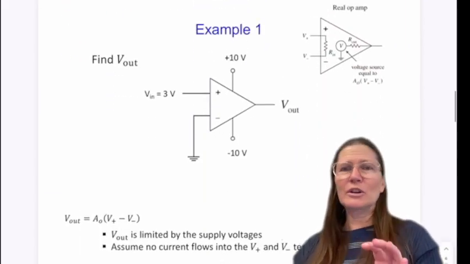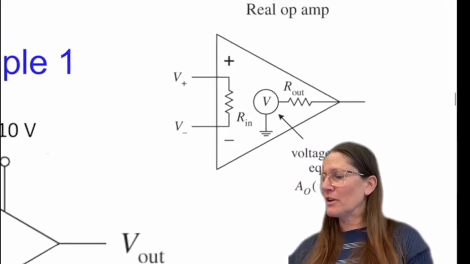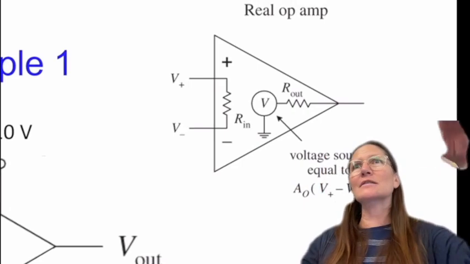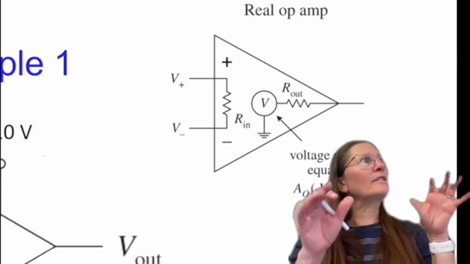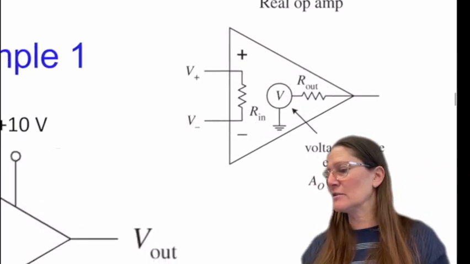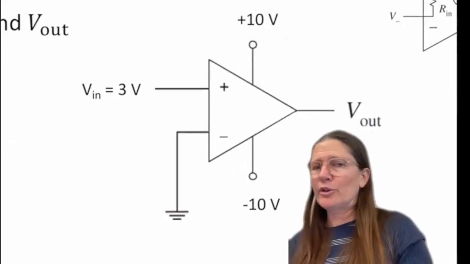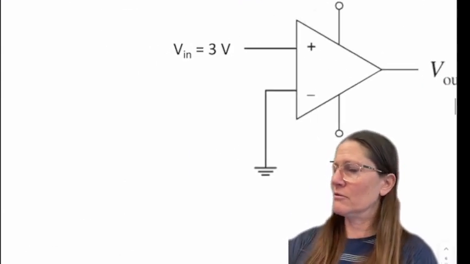All right, so as I said, the model of this is that this output looks like and acts like this voltage source, okay? So this is what you can think of it as in there, this voltage source on the output. So on here, this is called a comparator switch.